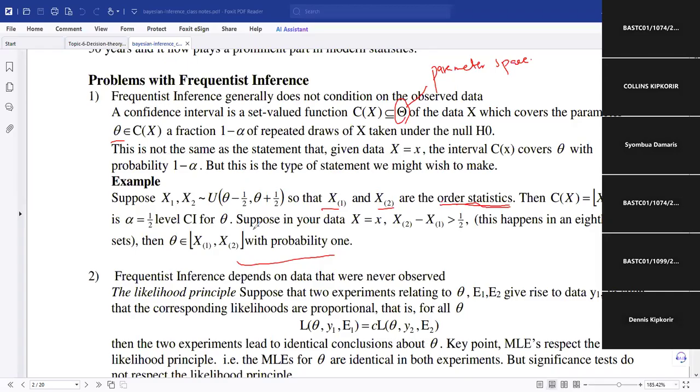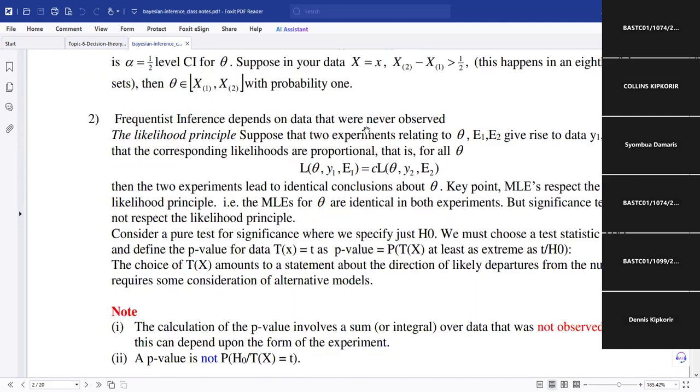So these are just some theoretical things regarding the frequentist approach. Number 2 is that the frequentist approach depends on data that were not observed. The likelihood principle says that suppose two experiments relating to theta, E1 and E2, give rise to data Y1 and Y2, and the corresponding likelihoods are proportional.